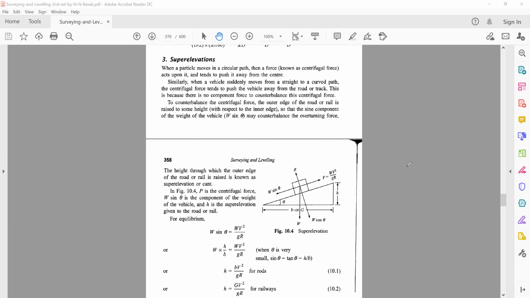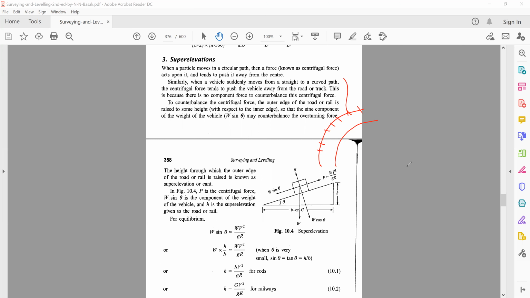So in order to avoid that, what is usually done in construction is that along the curve, so let's say if this is the curve, the outer end is kept slightly at an elevation from the other end. Usually the road would be at a level, but along the curve, the outer end is kept at a little elevation from the inner end.